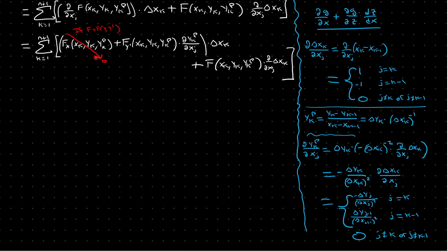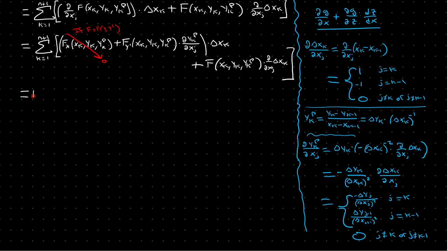So really the only non-zero terms in this sum are those two terms for this expression and those two terms for this expression, which is very, very neat, and it simplifies to the following. This will be equal to just this term right here when j equals k, when j equals k minus 1.